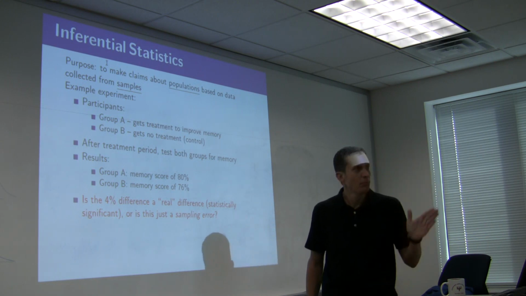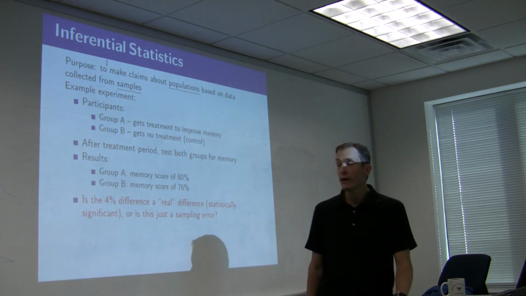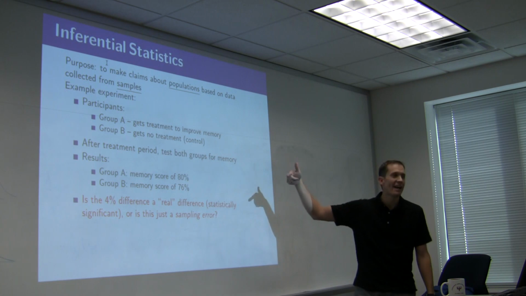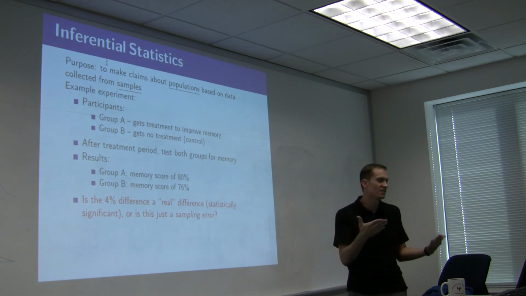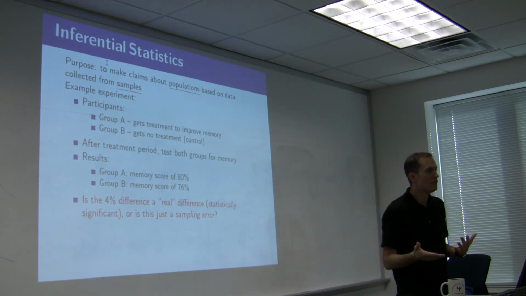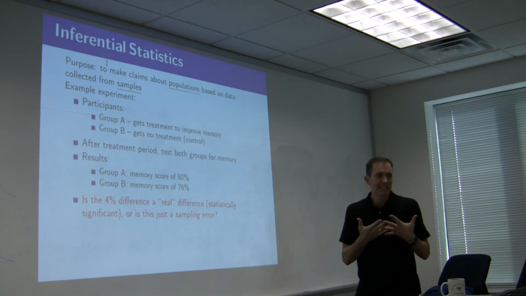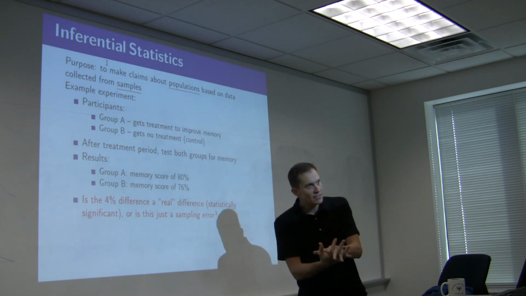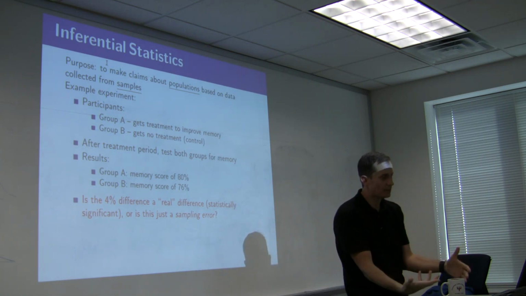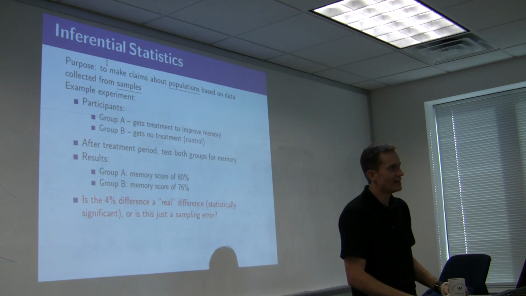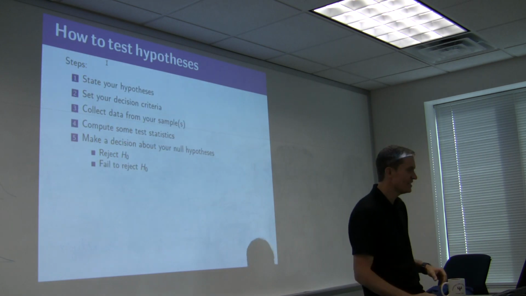Did I reliably increase everyone's memory? Or is it just the case that those groups had a different memory score just because of sampling error? Right? The idea of measurement error, I got a weird sample, something like that. So I have to ask myself, are these differences that I observe statistically different? Okay? And that's the point of hypothesis testing.